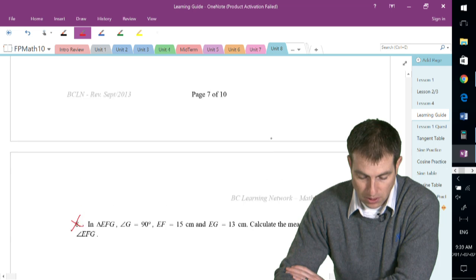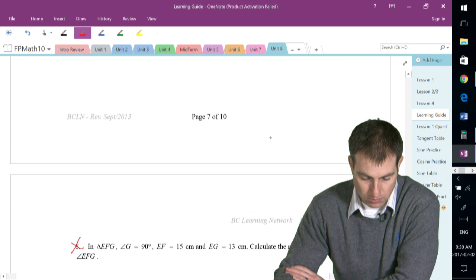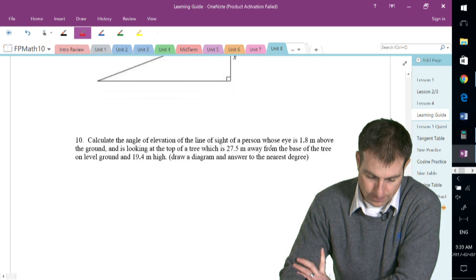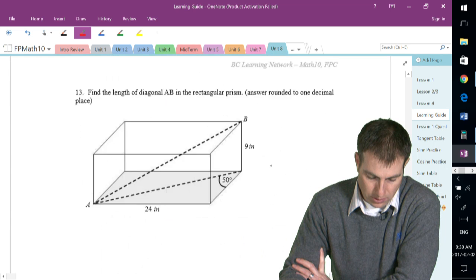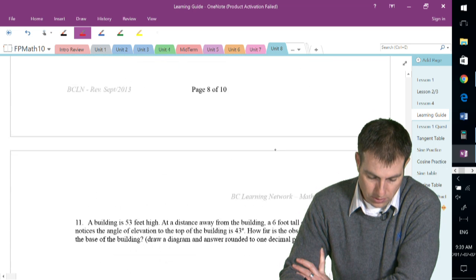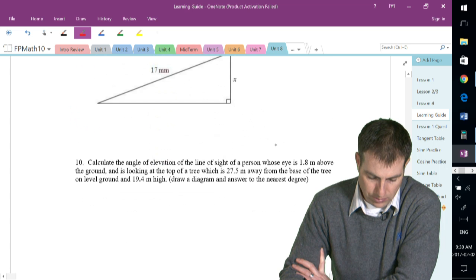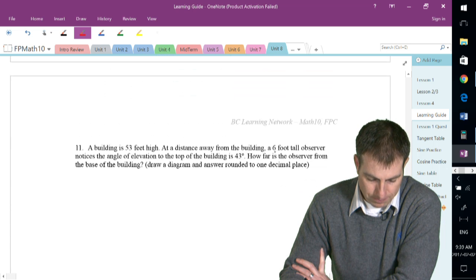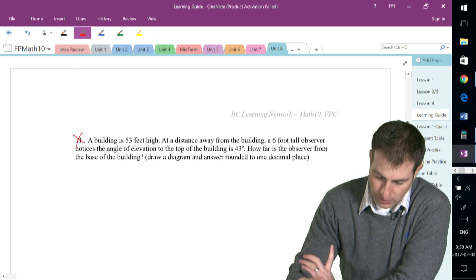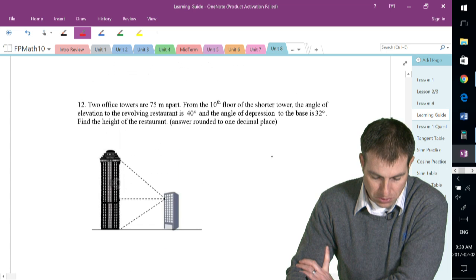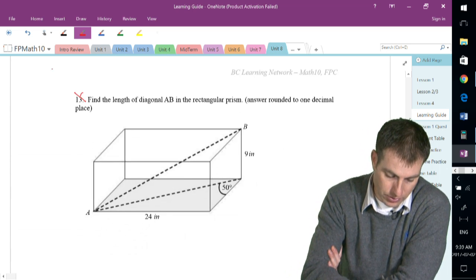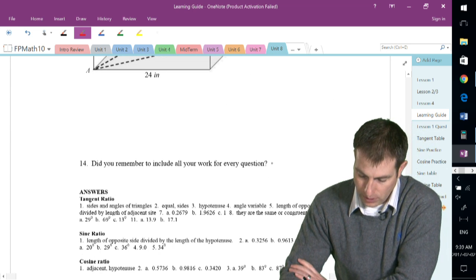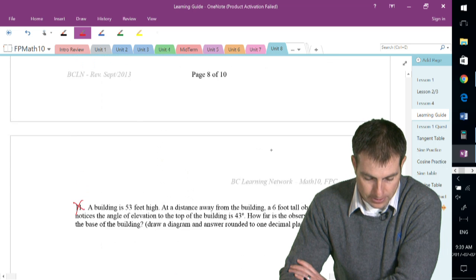This is on the very top of page 8. We'll get rid of 8. And we'll get rid of 9. And we will do 10. We'll get rid of 11. We'll do 12, and we'll get rid of 13, and 14's there.